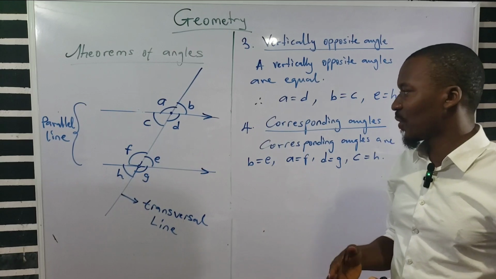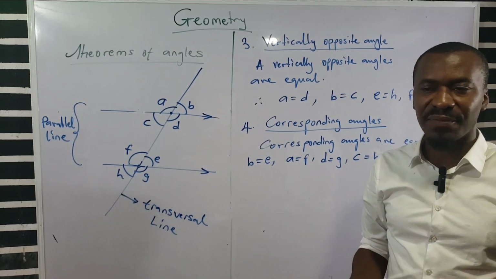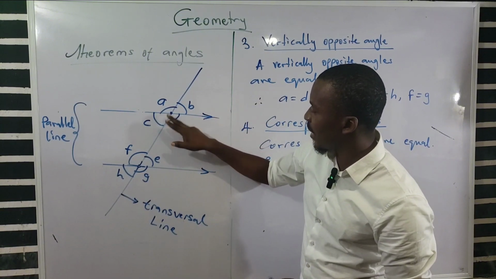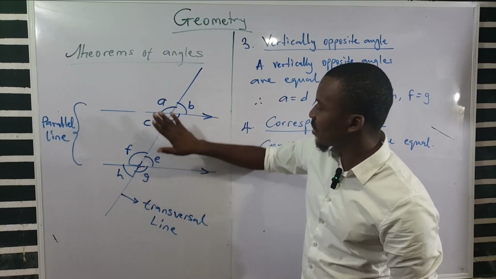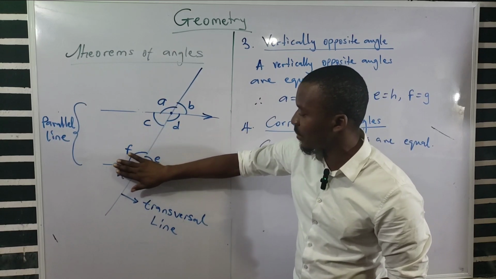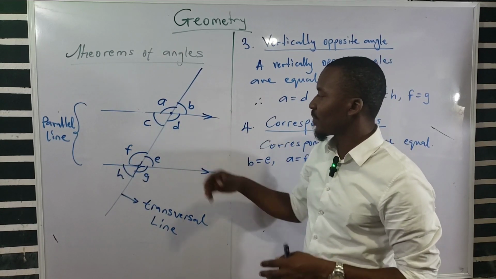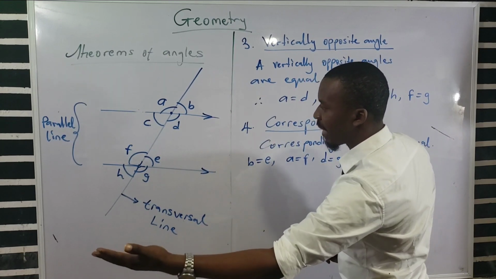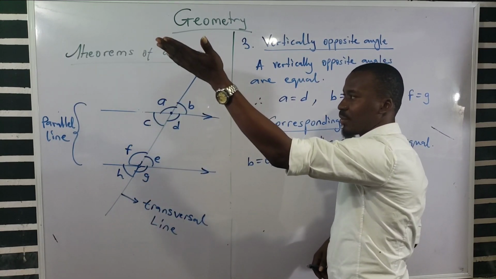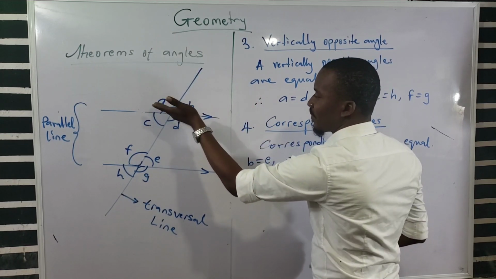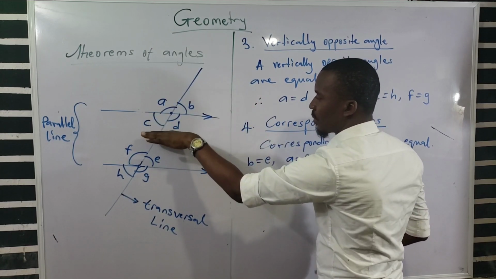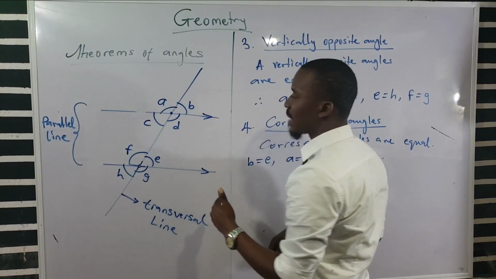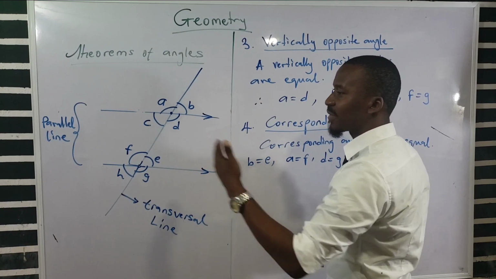Let me repeat what a corresponding angle is again, or how to identify it. Look at this point here, and look at this point here. So let's call this point X, and let's call this point Y. At point X, you can see A. A is on the left-hand part of that point and the upper part, because we have four parts: two up, two down, two left, two right. So you can see A is at the upper part and at the left-hand side.